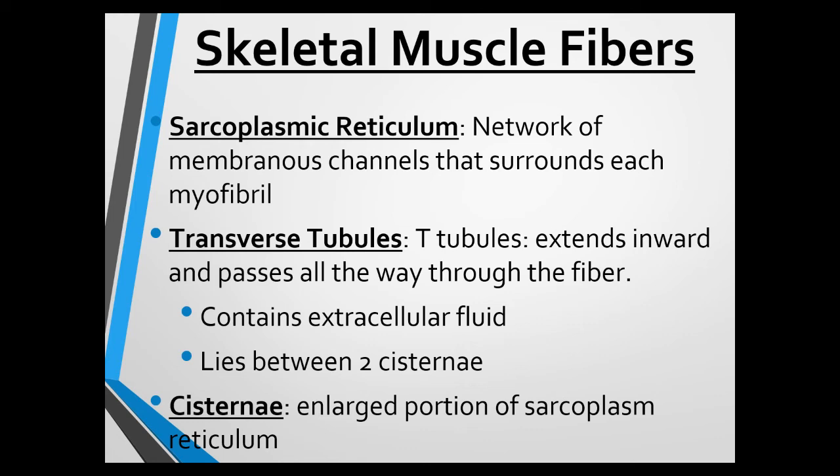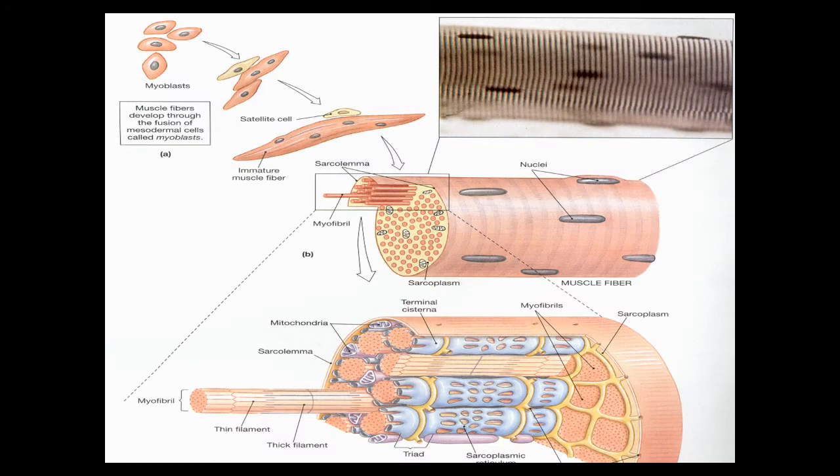All right, the transverse tubules have those invaginations of the sarcolemma or the cell membrane, and that's going to penetrate deep into the cell, and it's going to be perpendicular to that sarcoplasmic reticulum or the ER. So you can see here the alternating light and dark bands.